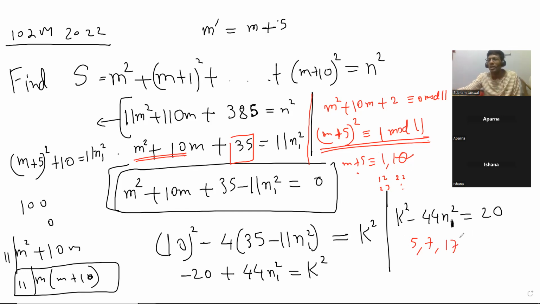So you don't have to put 6, 9, 10, all those values. You don't have to check. You only have to check these values, and then you are done. So the point is that you have to use this number theory thing, right? What is m congruent to? You could do that for n also, but then you have to solve quadratic equations.